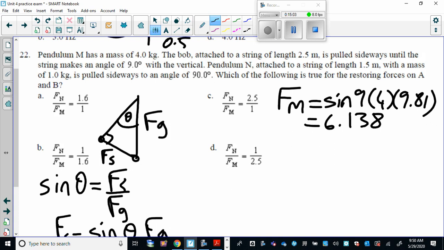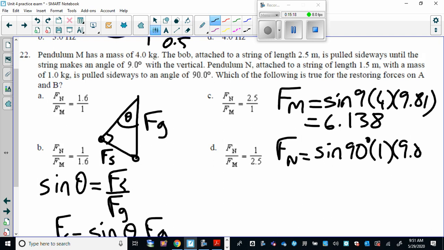The restoring force of N is an easy one, because the sine of 90 is 1, so it's just 9.81.